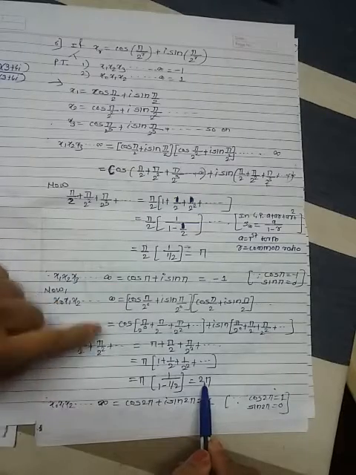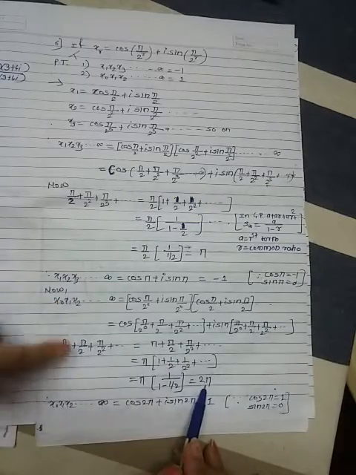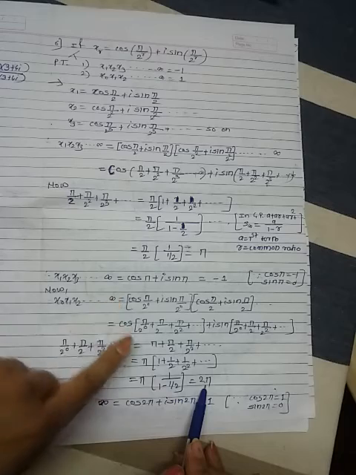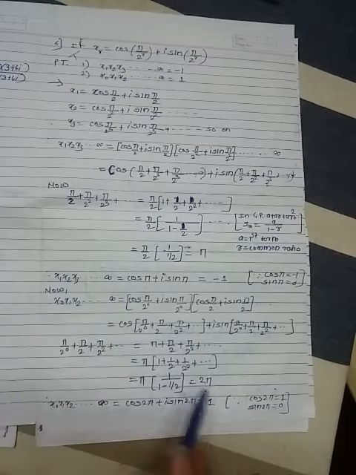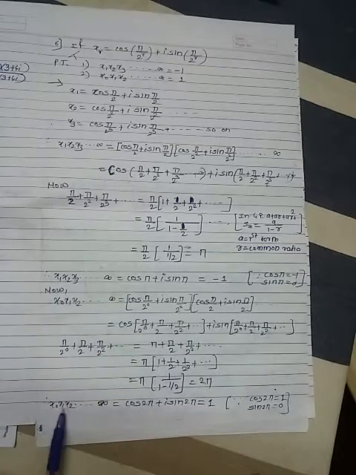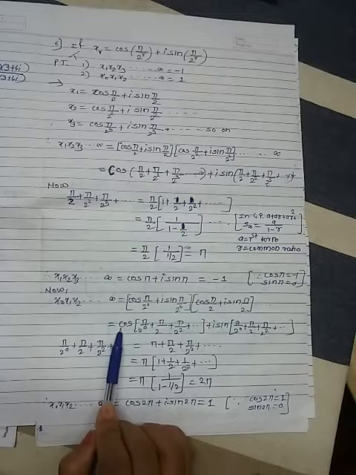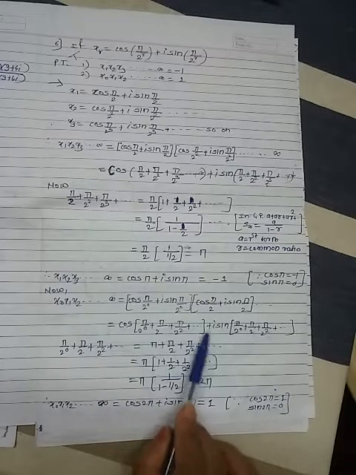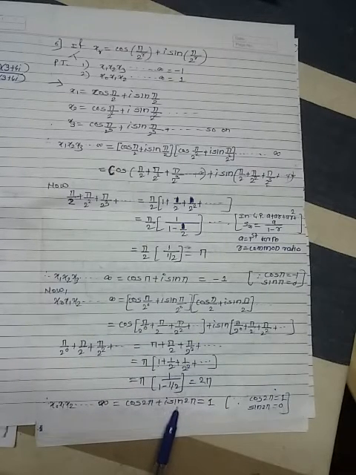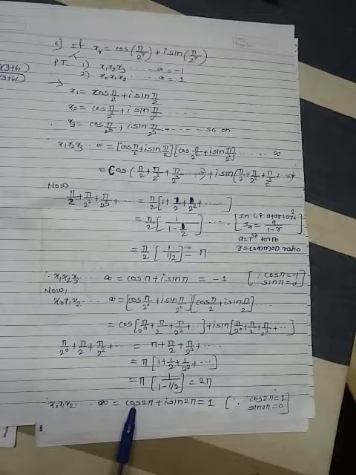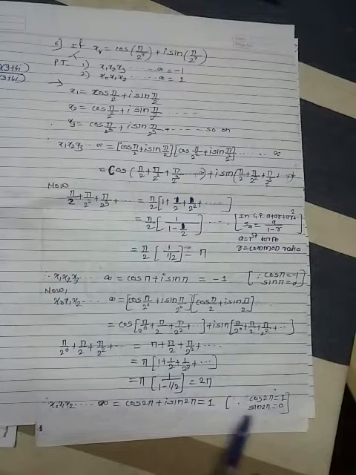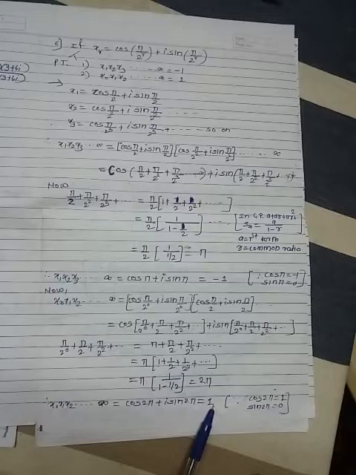In this case the addition of all angles in this equation is 2 pi. Therefore this equation, x naught, x1, x2 up to x infinity, becomes cos 2 pi plus i sin 2 pi. And we know cos 2 pi is plus 1, sin 2 pi is 0. The answer becomes 0. Our answer is 0.